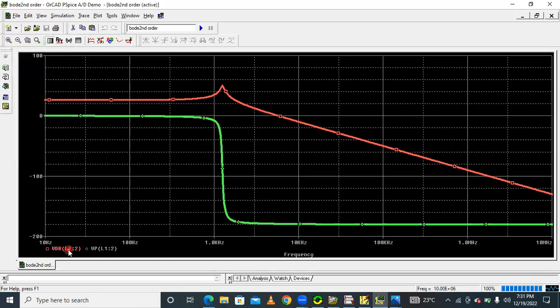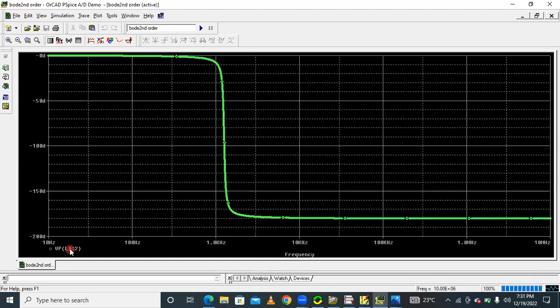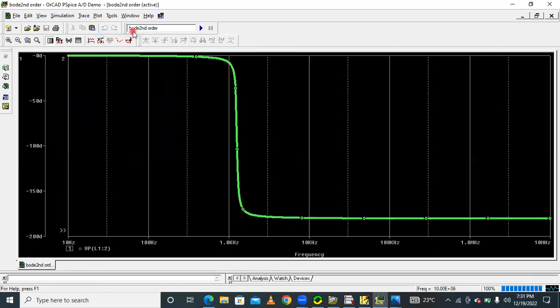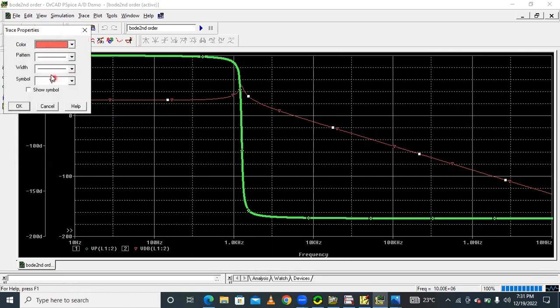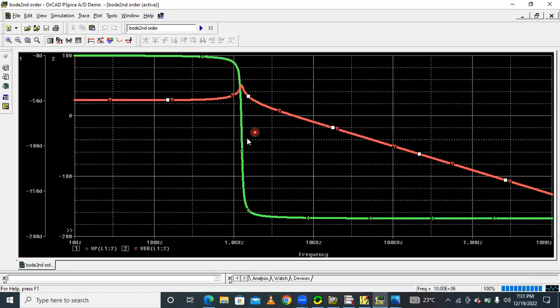If you want to separate them, select this VDB and press Ctrl X, go to plot, add y-axis, Control V. Like this, the y-axis is separated, with no changes in the x-axis. So this is the magnitude and phase plot for the critically damped system. This is the 0 dB line, and this is our phase plot. This is called the magnitude plot, and this is called the phase plot.